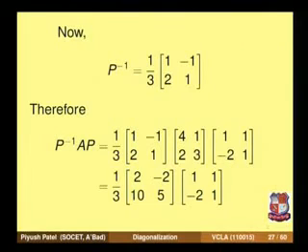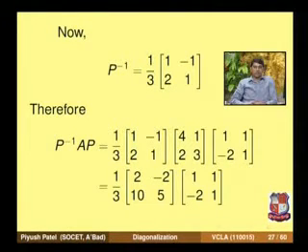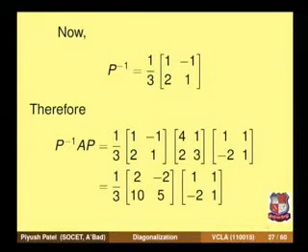First multiplying the first two matrices, [1, minus 1; 2, 1] and [4, 1; 2, 3], we know the matrix multiplication: first row, first column gives the first entry of the resultant matrix, first row, second column gives the 1 2 entry, and so on. We have the matrix 1 by 3 into [2, minus 2; 10, 5] into [1, 1; minus 2, 1].